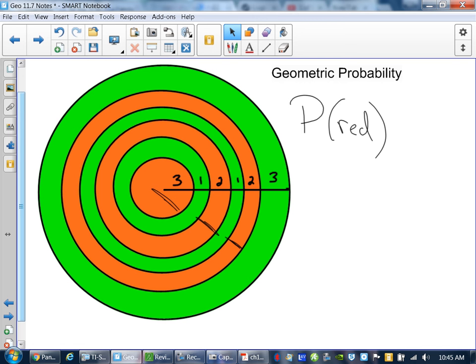We would divide out by 12 squared pi. So when you go through this, that outer ring had a radius of 9.